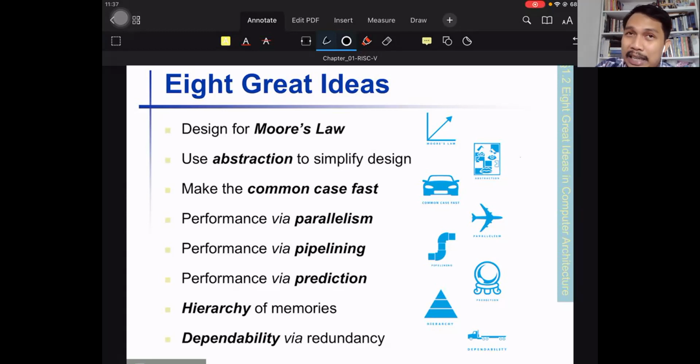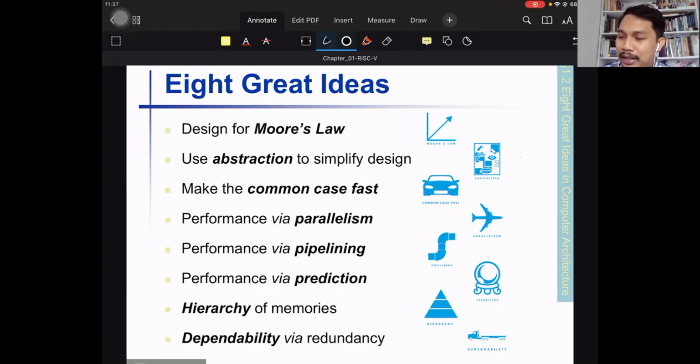But if we are good computer architects, we could design microprocessors even if we don't know digital circuits. We can just outsource that to those who are really good at it. So that's the power of abstraction.